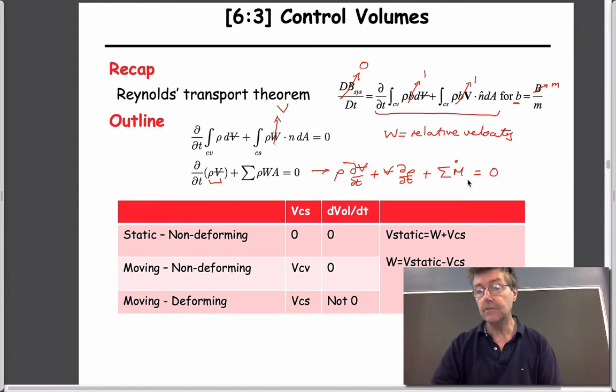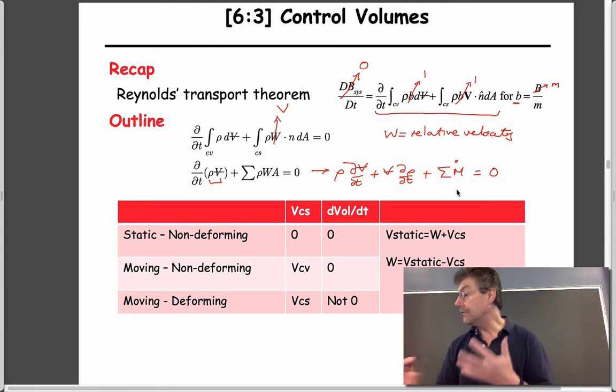And so in verbal terms, mass out minus mass in plus rate of change of density in a fixed volume and rate of change of volume at a fixed density gives zero net accumulation. They will have to balance.